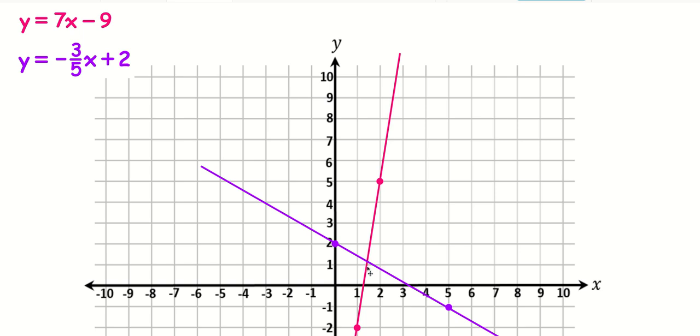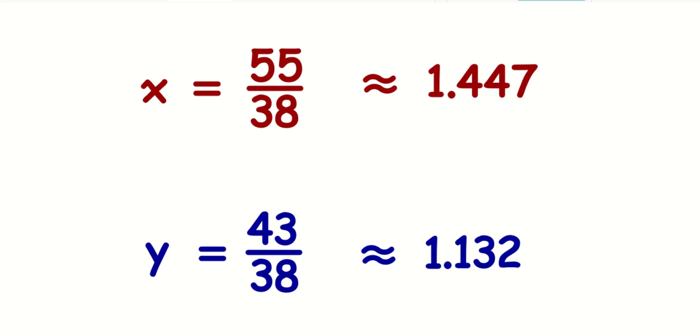You could guesstimate for sure. It looks like 1 point something. Like you might even think it's 1.5 for the x value. It's not. And then is it 1? Is it 1 point something? Turns out that the actual answers are x equals 55/38 and y equals 43/38.